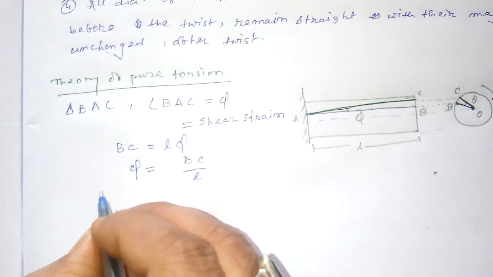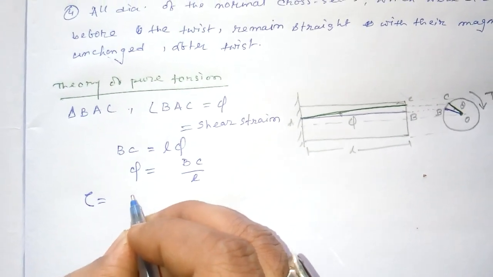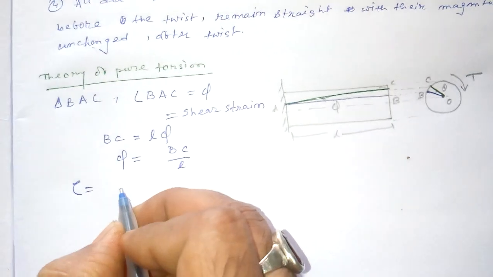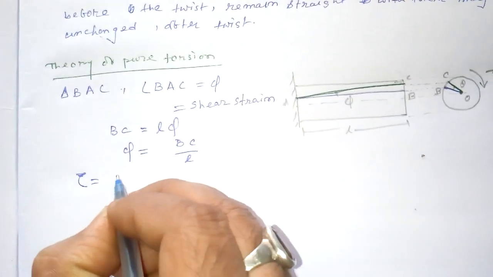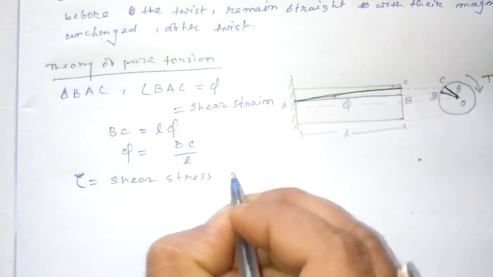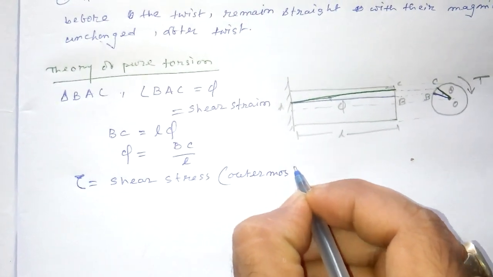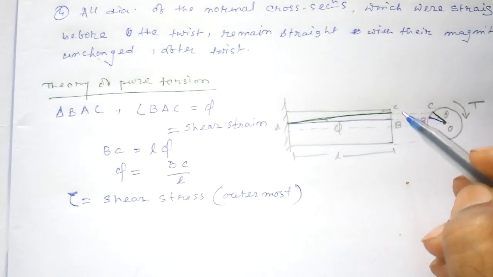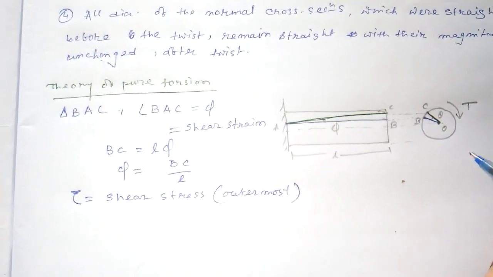Now suppose tau is the shear stress at the outermost layer. That means at this layer the shear stress is tau.